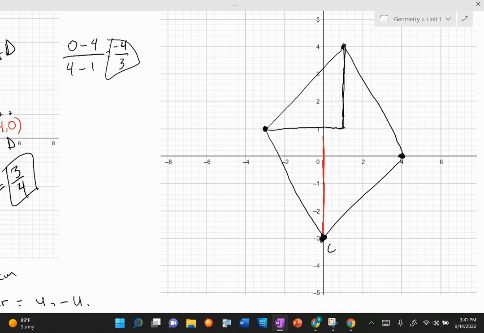Coming all the way up this line to that same line that we were just on. Then we're going to do the same thing with C to the point to the right. And then we'll do the same thing from A to D.